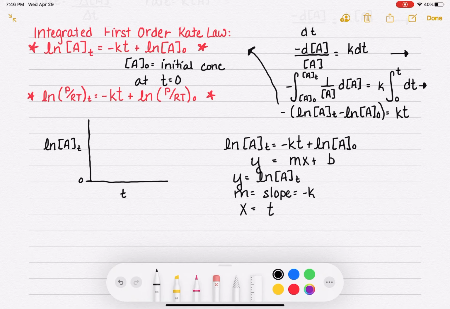So that means that we'll be crossing our y-axis at time 0. So when we graph our data, we can tell from the negative slope that we're going to get a line like this with a negative slope. And the slope of that line is going to be equal to negative k.